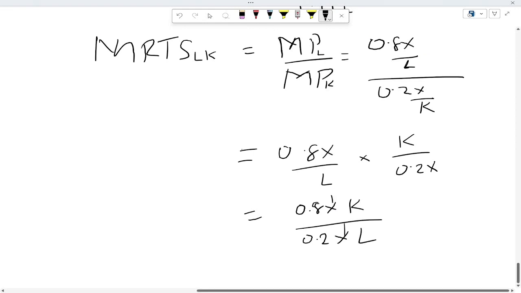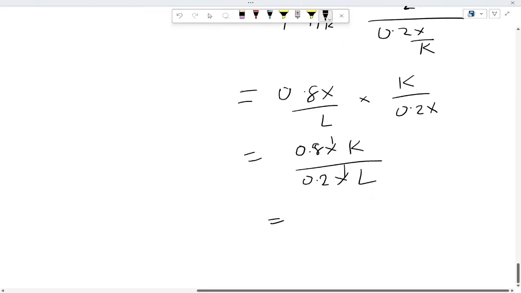So x can take away x, and you can divide 0.8 by 0.2, and you have 4. So 4 multiplied by K over L. This is your marginal rate of technical substitution of labor for capital.